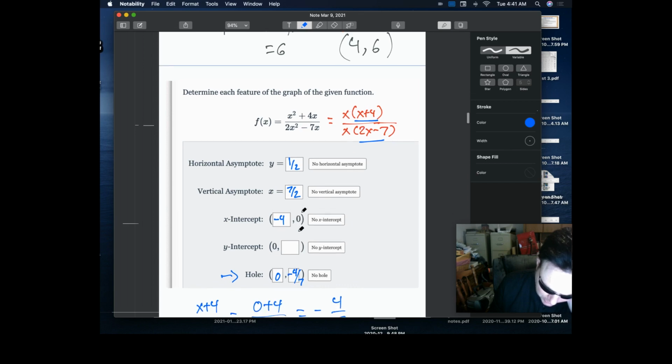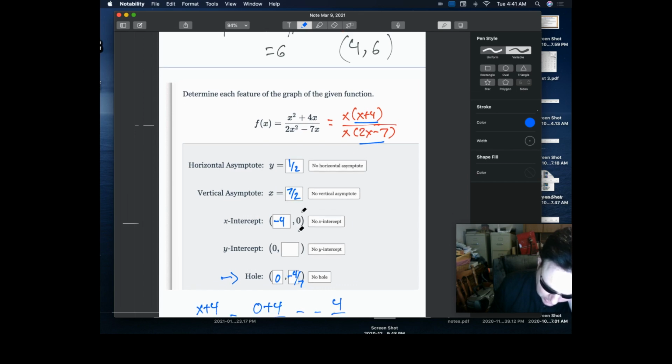And then the y-intercept, again, is when x is 0. So you're doing 0 plus 4 over 2 times 0 minus 7. That doesn't exist, right? Why does that not exist?